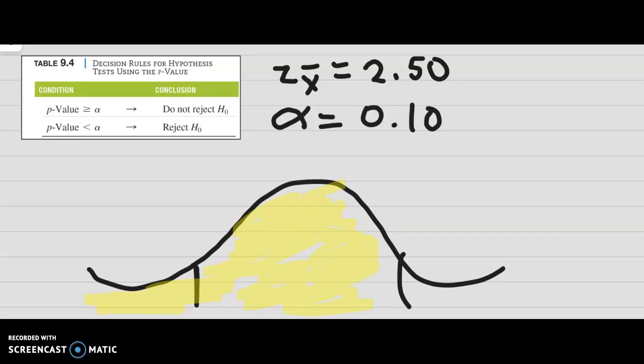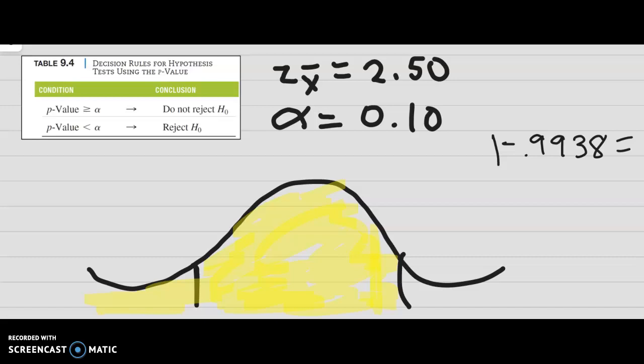But what we need to know is, if we want to figure out how much one of the tails is, we're going to do 1 minus 0.9938, and that will give us one of our tails.